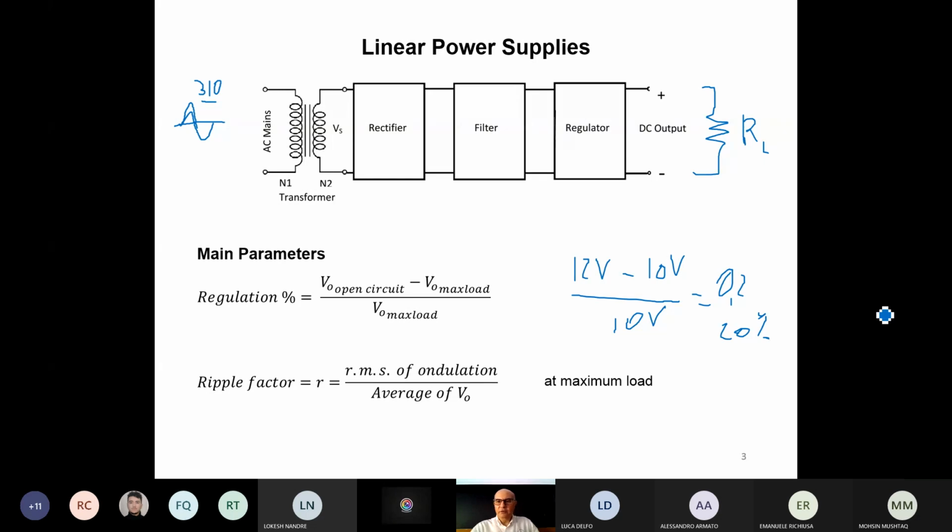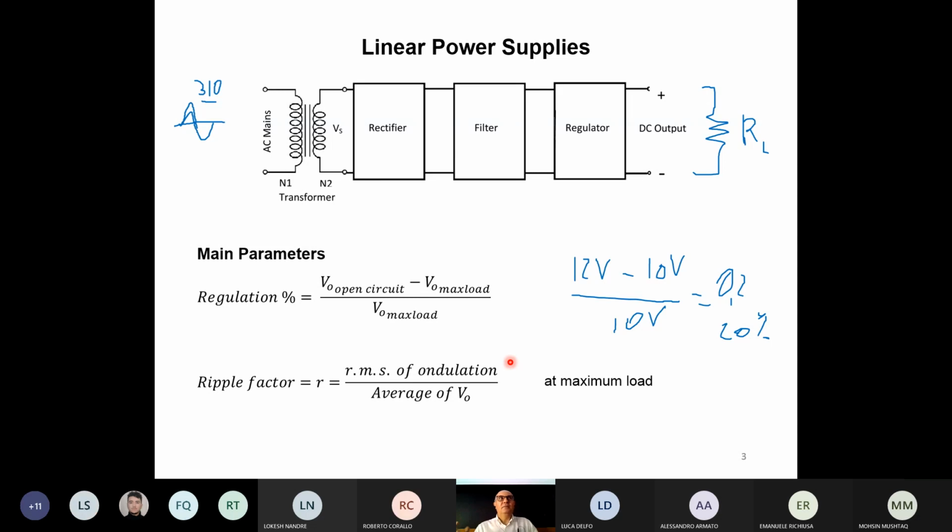At the denominator, we take the average of the output voltage, while at the numerator, we don't put just the amplitude of the ripple, but we put the root mean square value of the ripple.